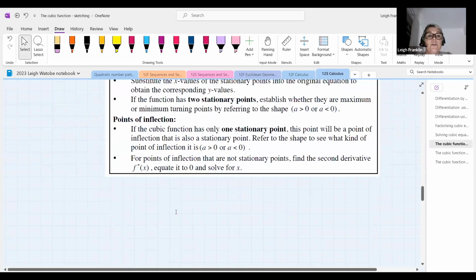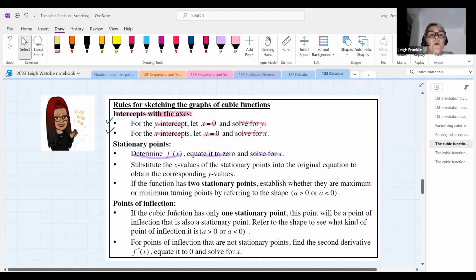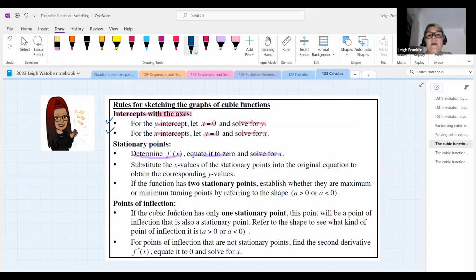Just going back to this, we've determined f prime of x, equated it to 0, and solved for x. We then substituted our x values back into the original equation to obtain the corresponding y values. If the function has two stationary points, establish whether they are maximum or minimum turning points by referring to the shape.